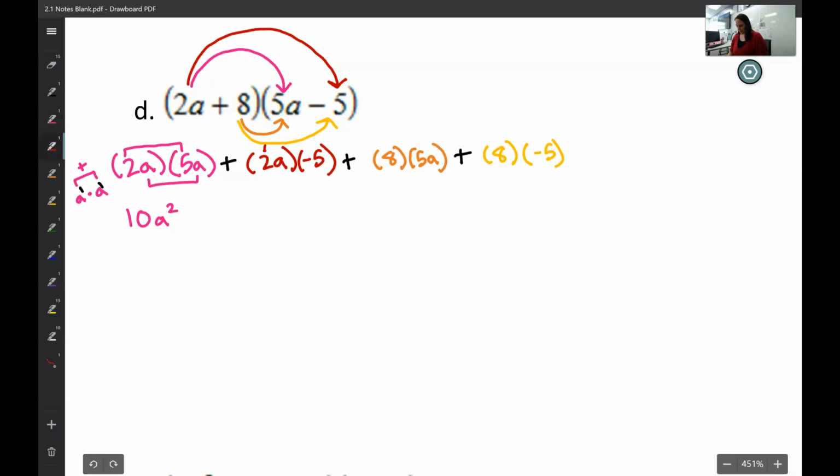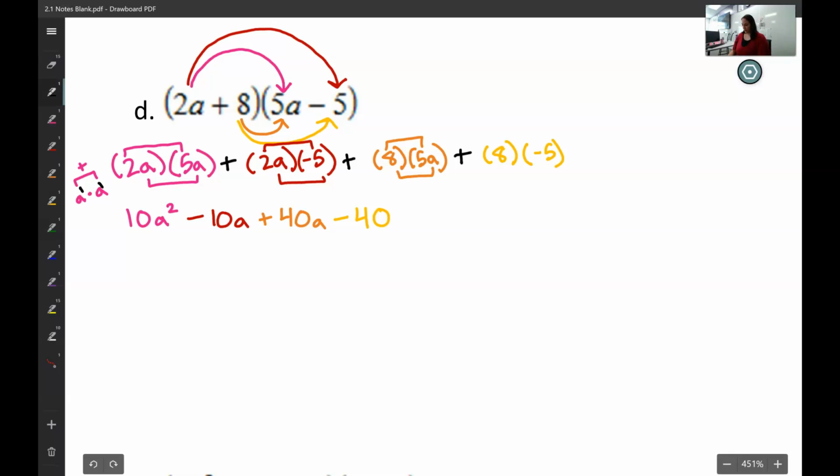Next one, multiply the numbers. 2 times negative 5 is a negative 10. Multiply the letters. I have an a here, nothing there, so it just stays a. Next one, multiply the numbers, so I get positive 40. And then the letters, so I just have a. And last one, 8 times negative 5 is a negative 40.